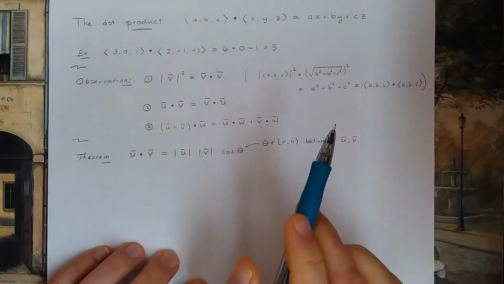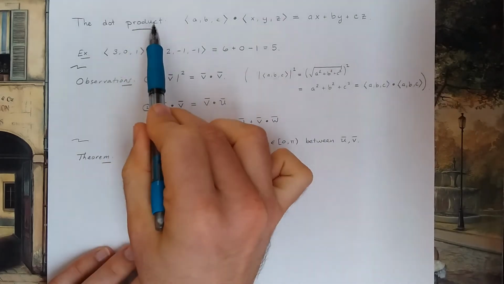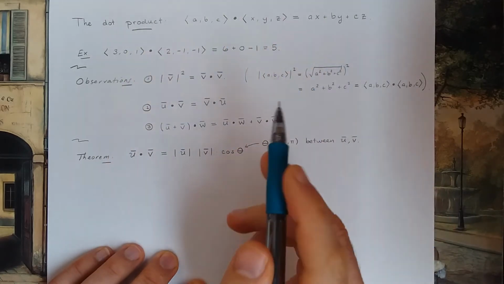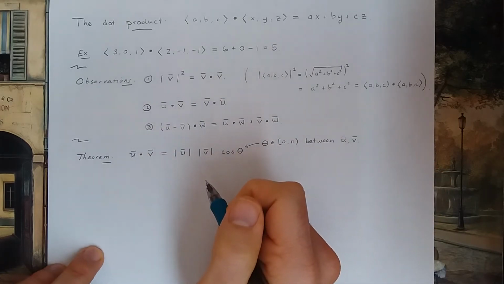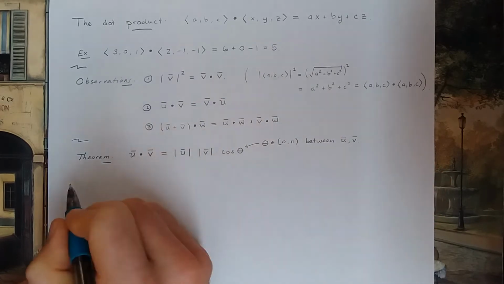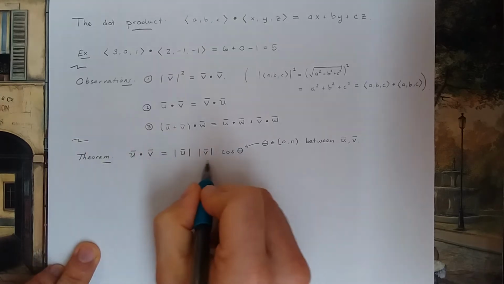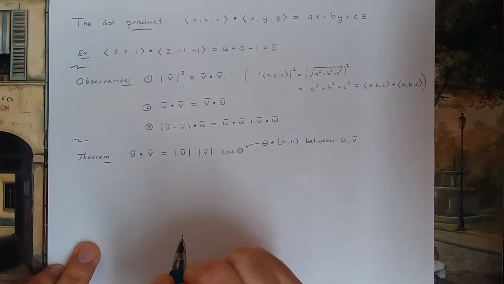So the main reason that people care about the dot product is because it gives you information about the angle between the two vectors. I'll do an example, and then I'll show you why this theorem is actually true.